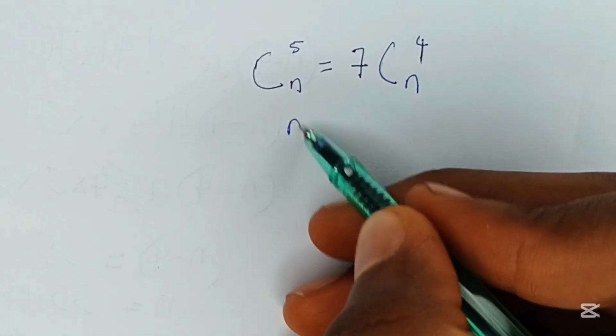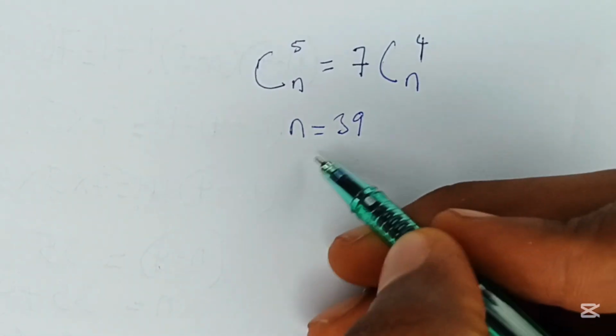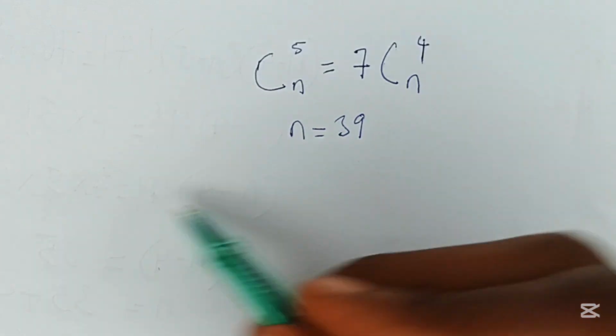We've concluded that n is equal to 39. Let's check if 39 satisfies this equation.